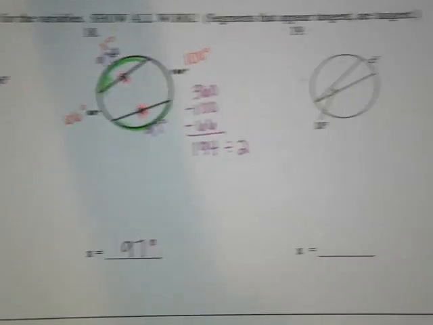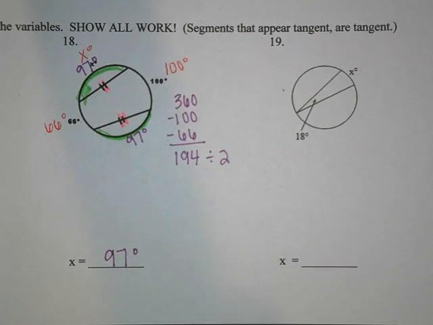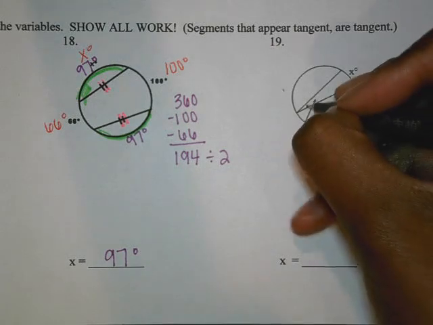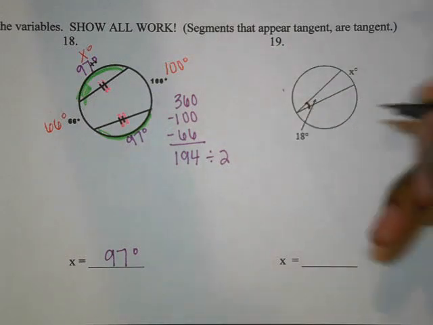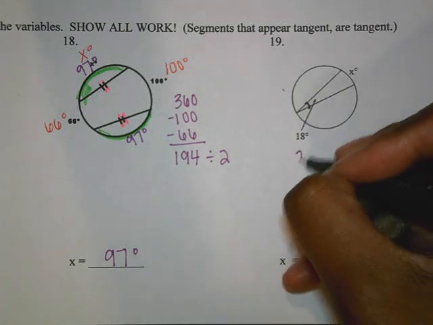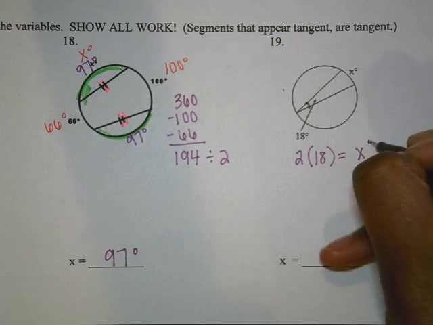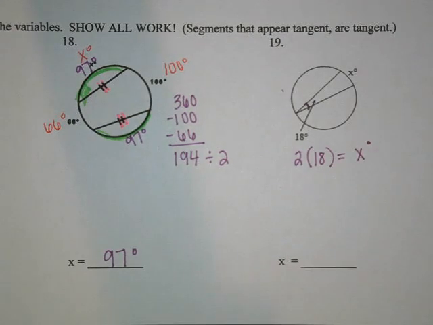All right, let's scroll over to number 19. Another inscribed angle. I know that my inscribed angle here is 2 times the amount of my arc. So I'm going to do 2 times 18, because that's my angle, is equal to x degrees. So we want to multiply this.